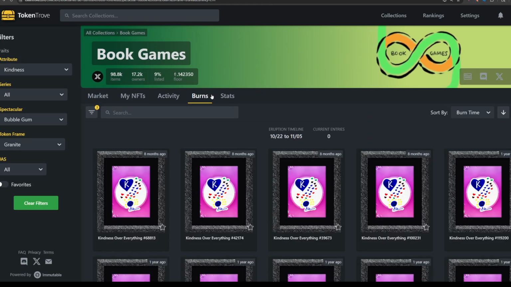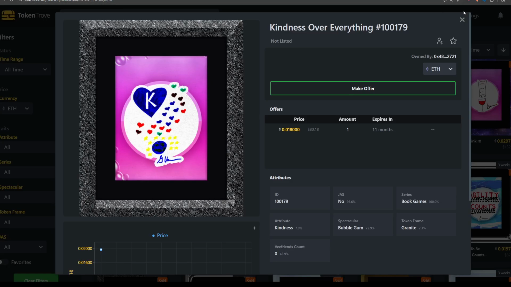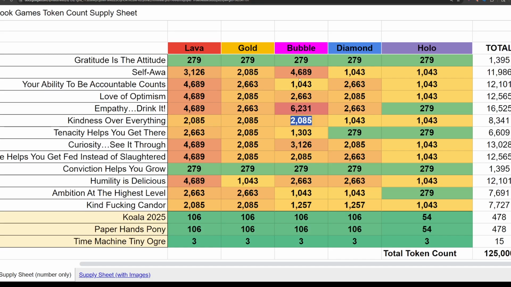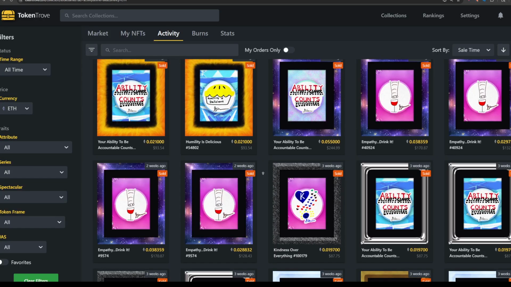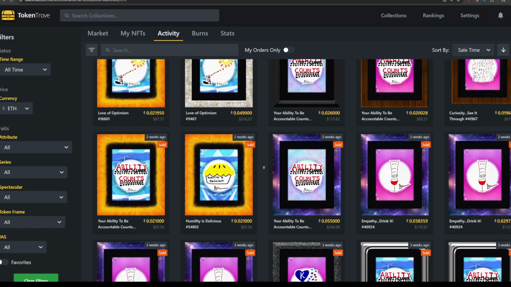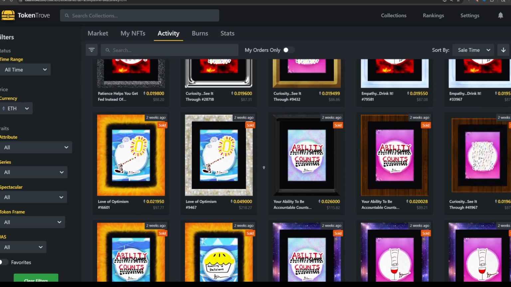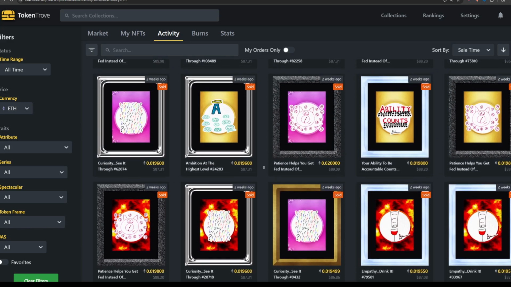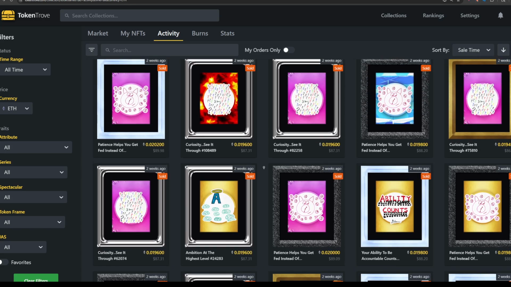Again, let's take a look at the burns. Okay. So this was interesting too. There was a shelf of Empathy Bubblegum Galaxies. Let's continue. See what we like.